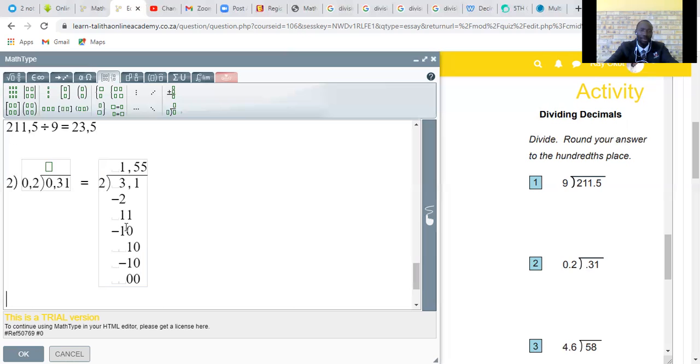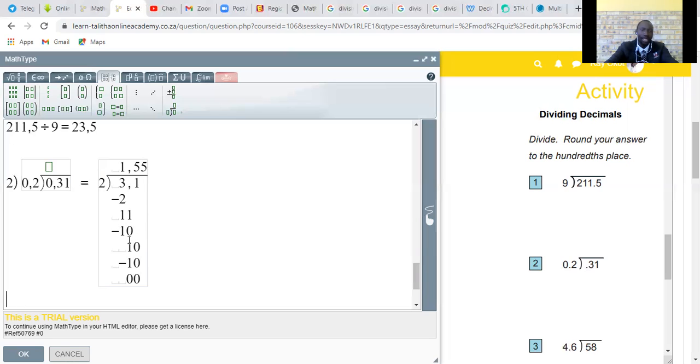Now the question is, how many times will 2 go into 11? 2 will go into 11 5 times. And so 5 times 2 is 10. So when we get the difference between the two, when we subtract 11 minus 10, we get 1. And so we now pull down a 0.